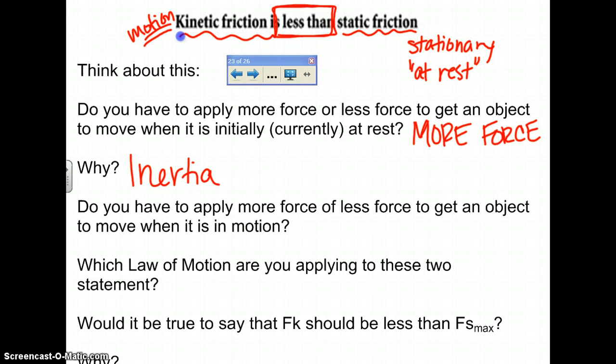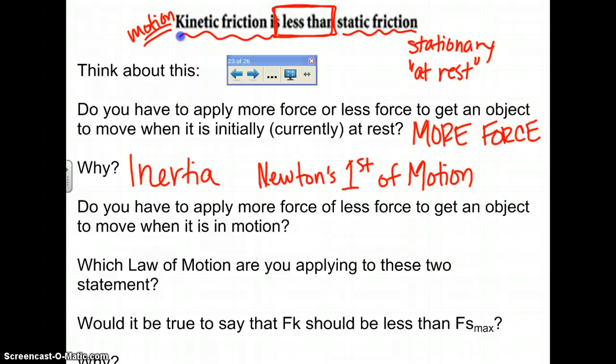Because of inertia. Okay, well, how do you know about inertia? Well, because Newton's first law of motion states that an object in motion wants to continue in motion, or an object at rest wants to stay at rest, unless acted upon by an unbalanced force. So you are utilizing Newton's first law of motion in the idea that inertia is the tendency to resist change.